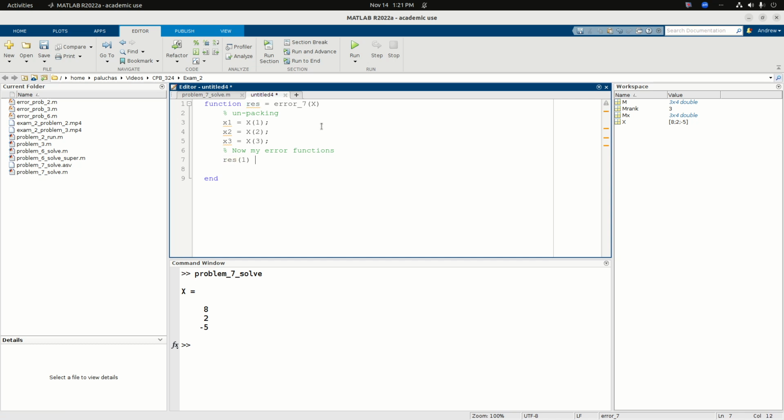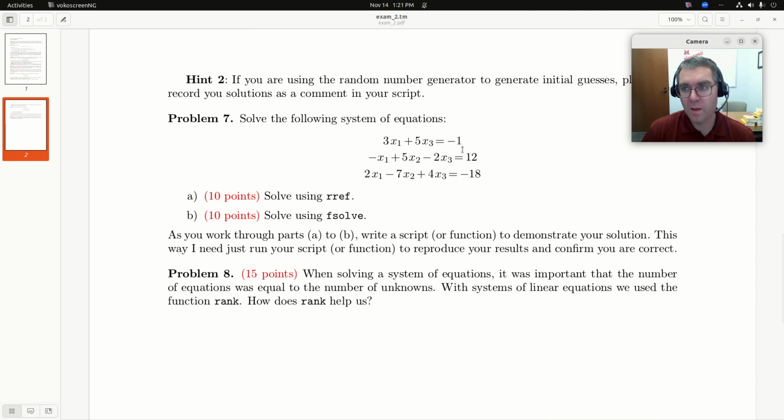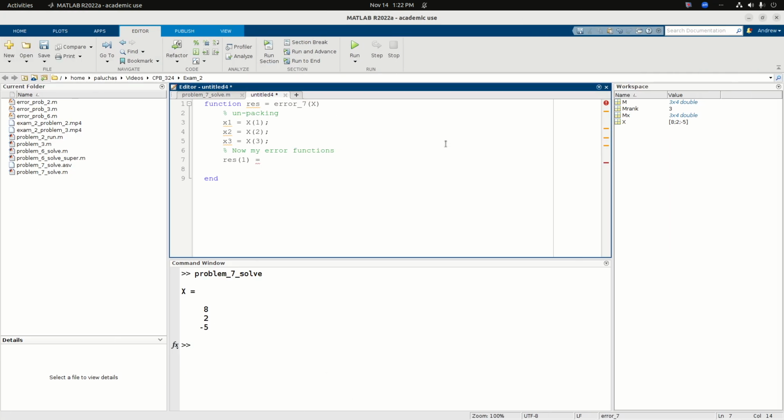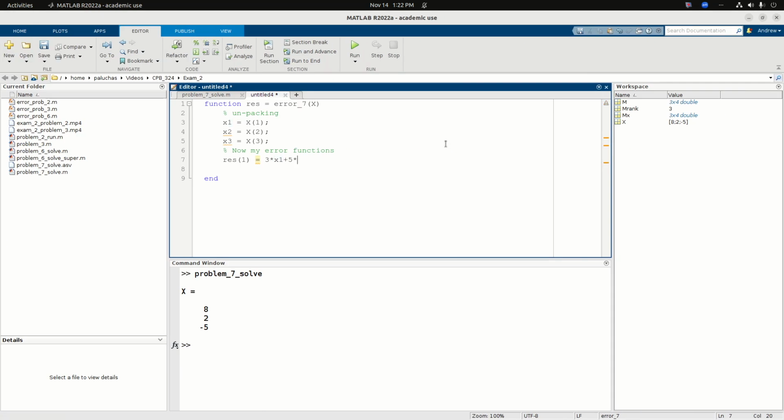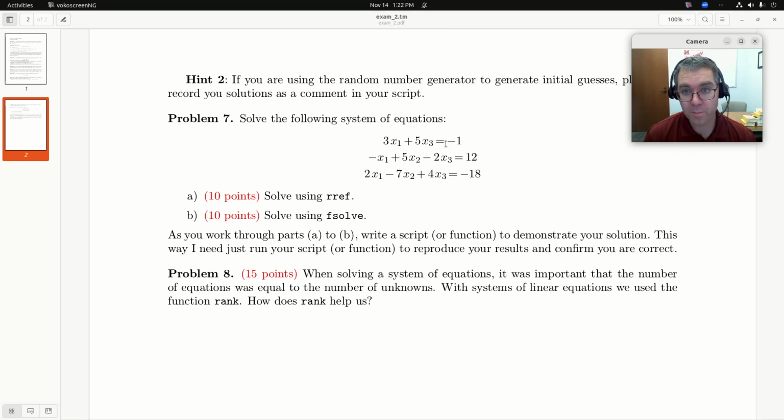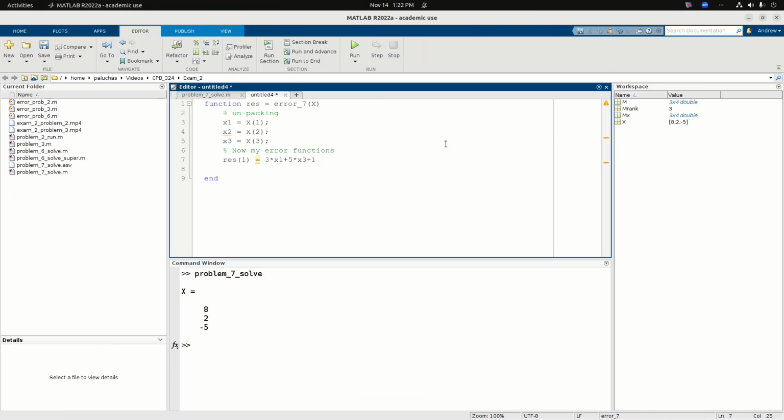Okay, now my error functions. The order of the error functions doesn't matter. When I write my error functions, I'm going to have to bring the right hand side over to the left so they evaluate to 0 when I find my solution. So this is going to be 3 times x1 plus 5 times x3 plus 1.